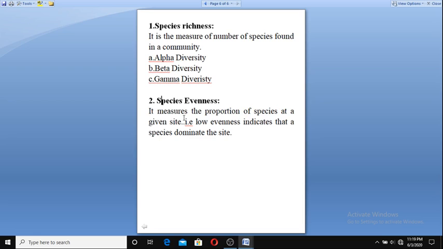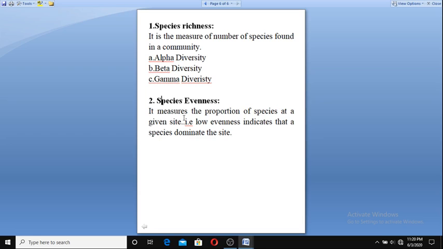That means in a certain forest, we may find only a few tigers present, but a high number of another species.